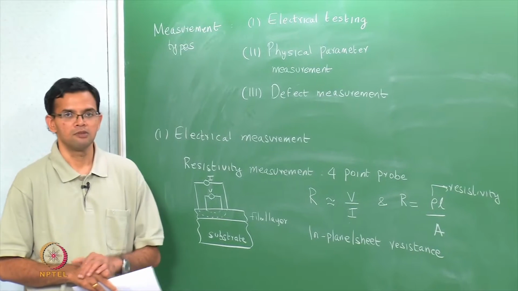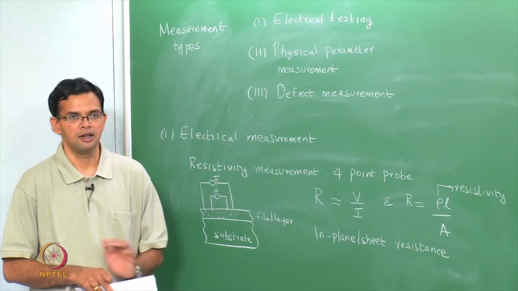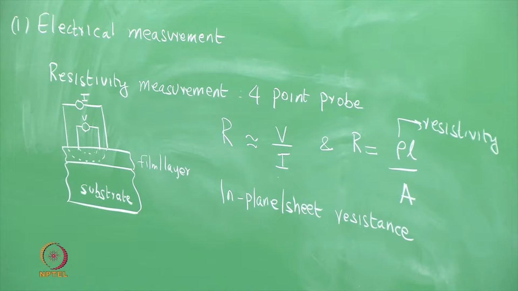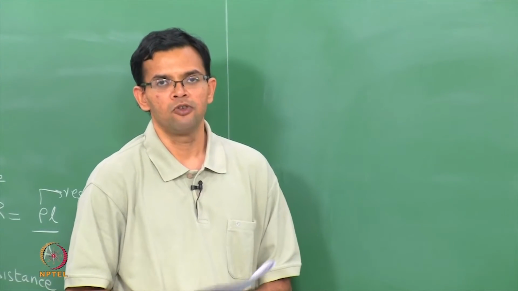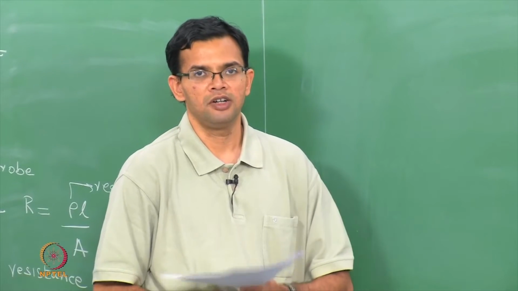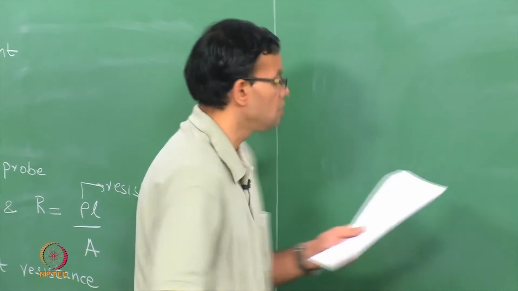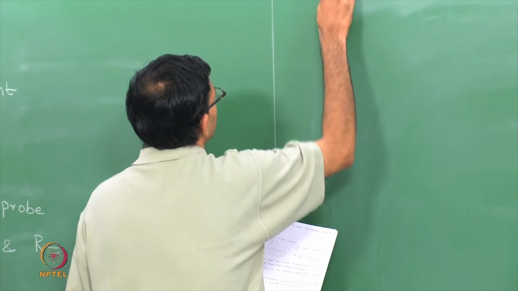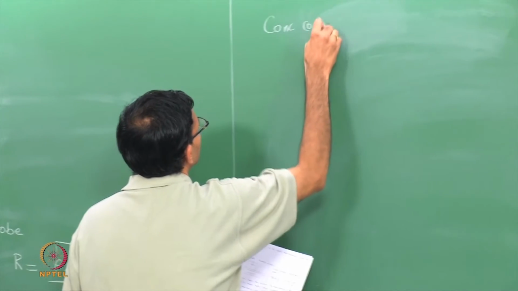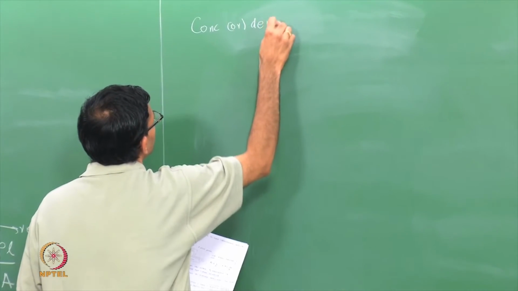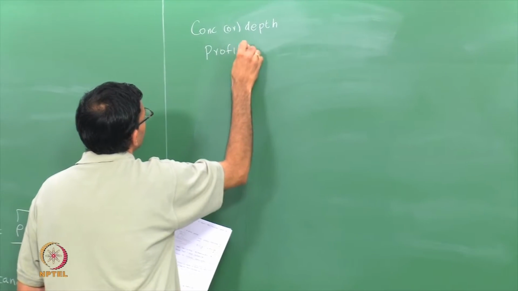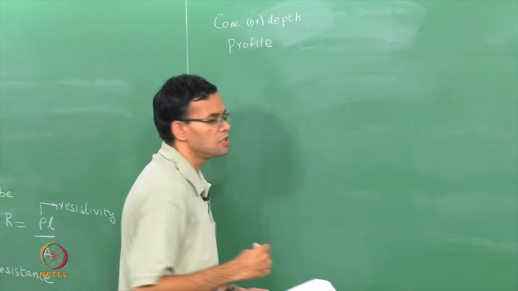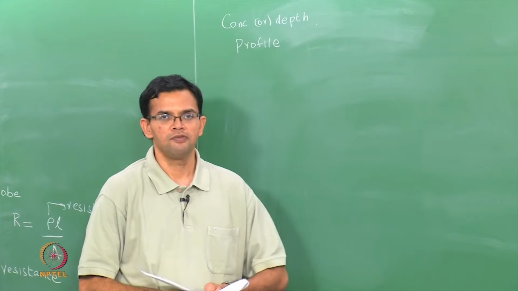Let us look at some of the other electrical measurements that are done. You can also use electrical measurements for measuring the concentration or depth profile of dopants. This is usually done in conjunction with doping.